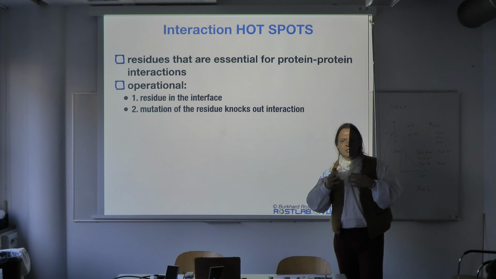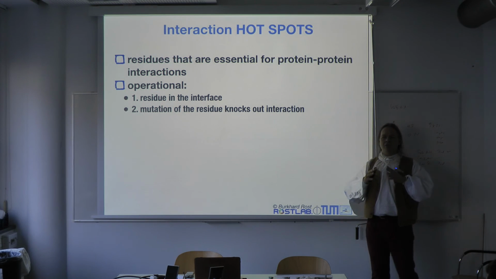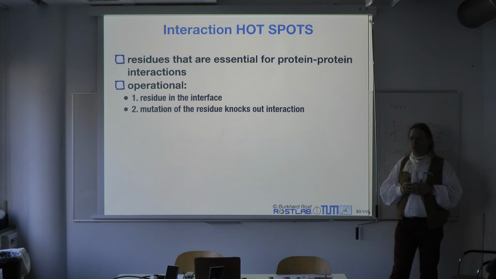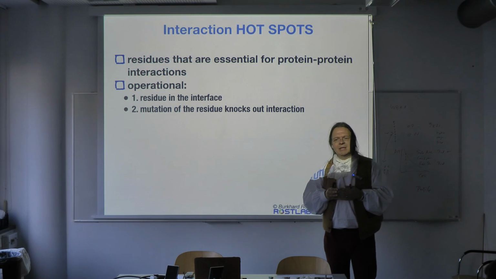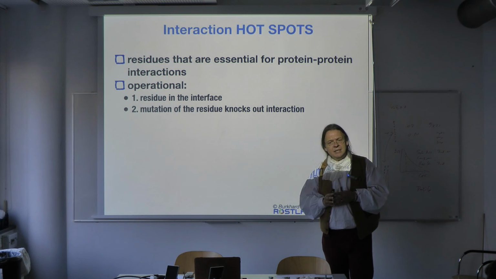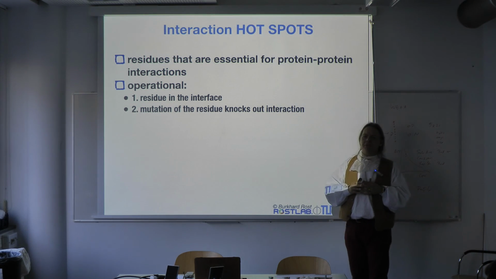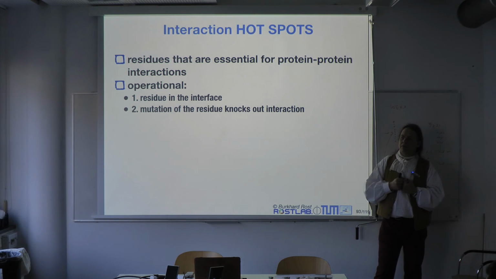Okay, so then you can say the hotspot is the one that knocks out the interaction most of the time, or most strongly. Another way of saying that is the hotspot is the one that contributes most to the energy of binding. Again, when I said 10 to 30% of the residues are involved in protein-protein interactions, this is a large number, right? This is 40, 50, 60 residues.